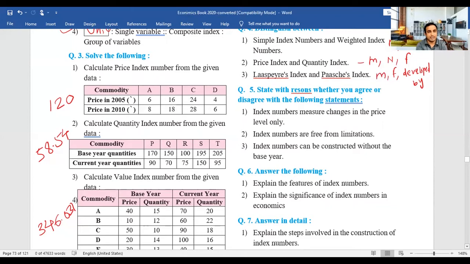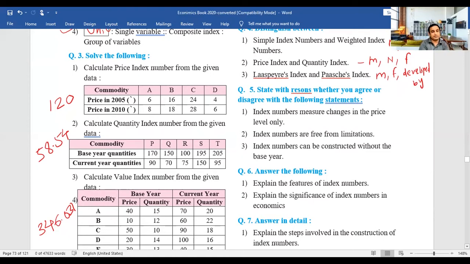I have attached a detailed solution of this question in our notes. So you will get it through our notes. But what I would recommend to you is do solve it at your place. Do solve it in your notebook without referring to anything, just by remembering all the formulas. Try to solve it and compare the answer with the one I have given.